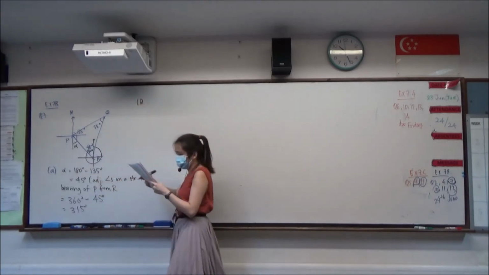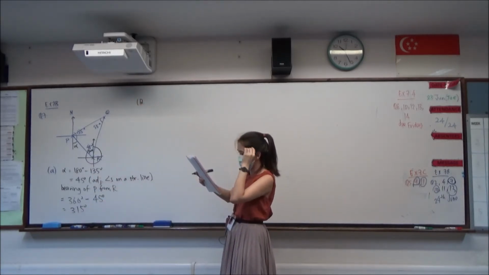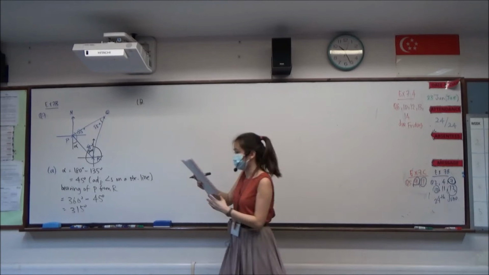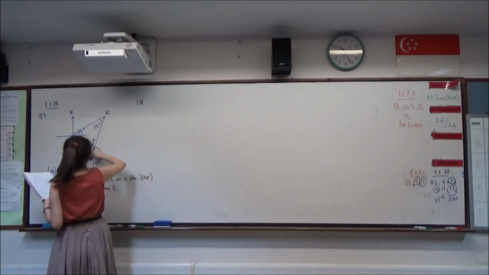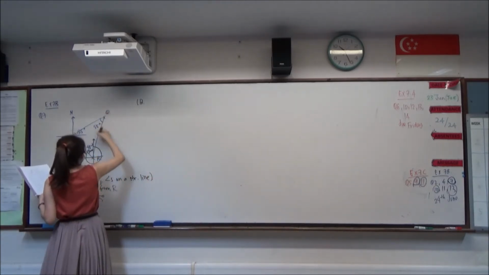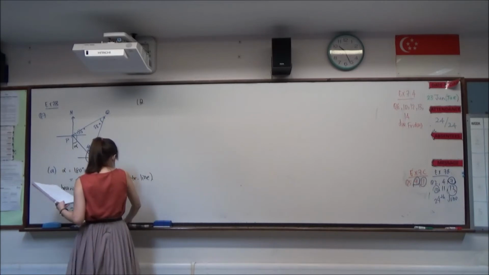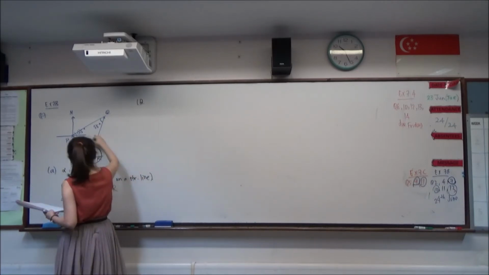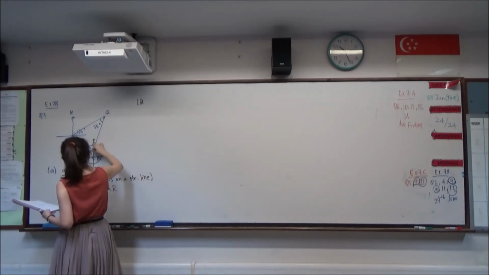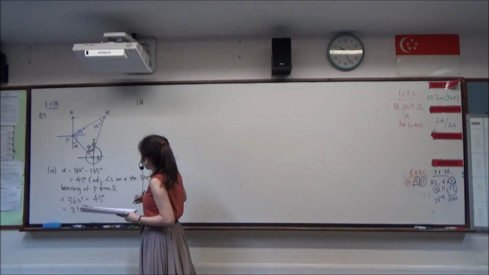Then for part B, when I want to find out what is the bearing of Q from R, that means I need to find out this angle here. Okay.